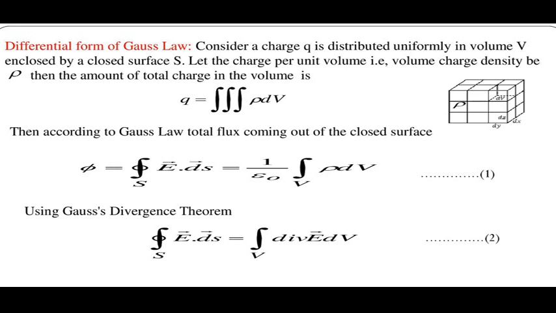Then, according to Gauss law, the total flux coming out of this closed surface will be charge upon epsilon naught. Now this total charge we can write as the volume integral of the volume charge density.